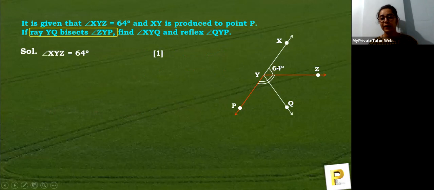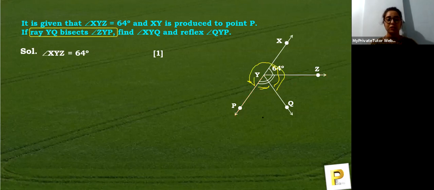So what you have to find is XYQ, this angle, and reflex QYP. If this is QYP, you have to find the reflex, that is the whole part, this.